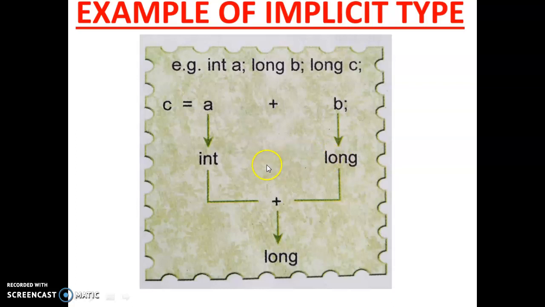So now you know that between int and long, long is the higher data type. That's why it's converted to long automatically by the computer. Here we need not do anything as a user. The computer does it automatically, and this type of conversion is called implicit type conversion.